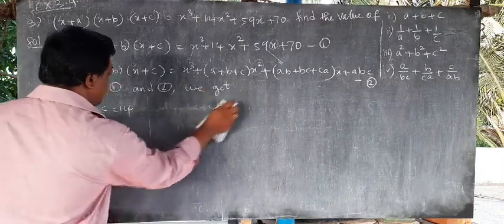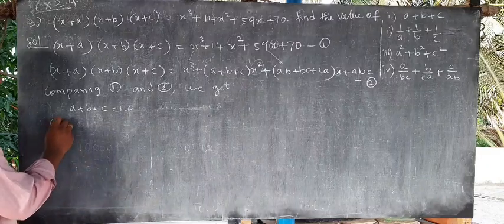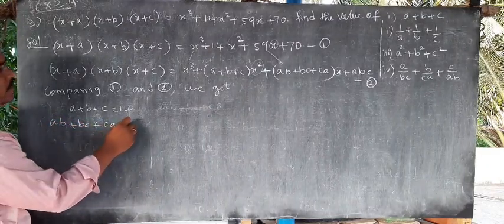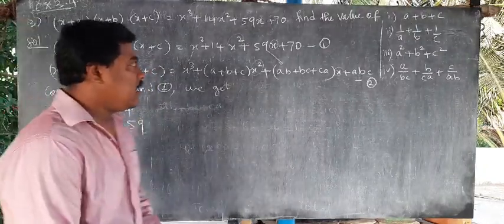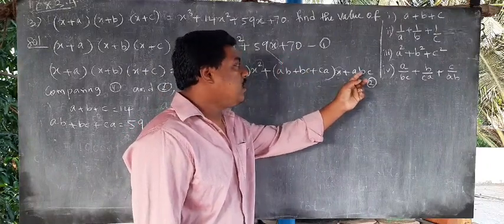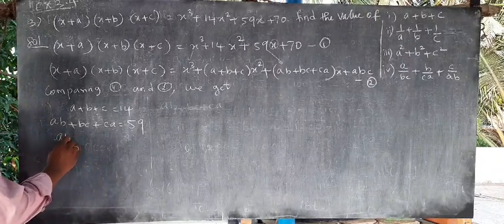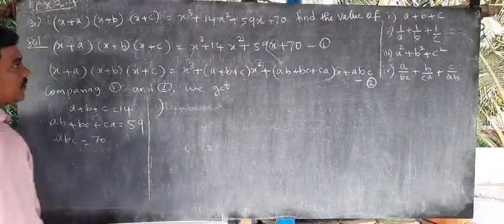First you compare 1 and 2: AB plus BC plus CA equal to 59. Right. And then the last term, the constant term, here also without x we have ABC. So ABC equal to 70.